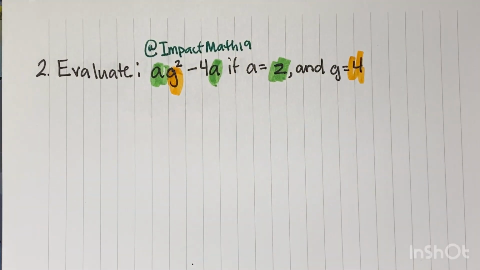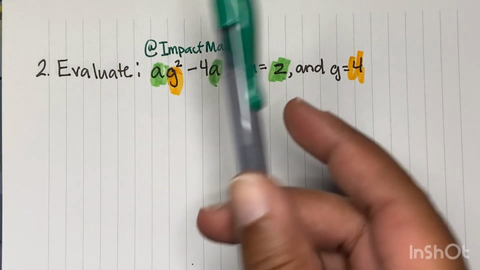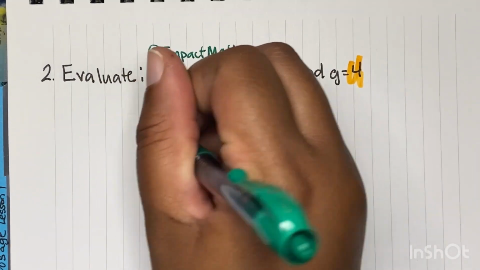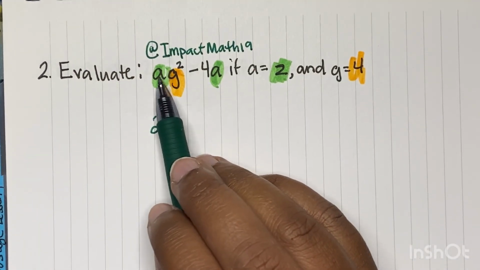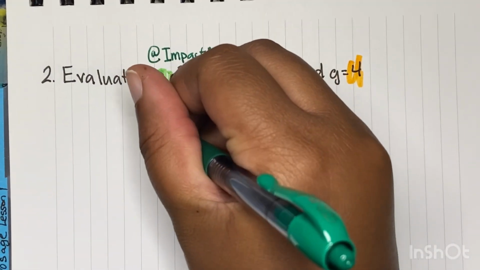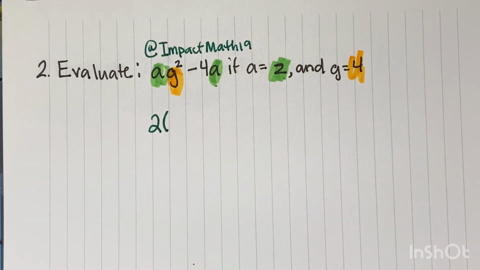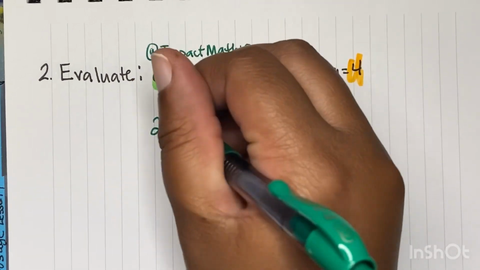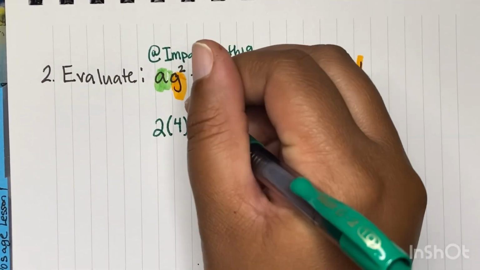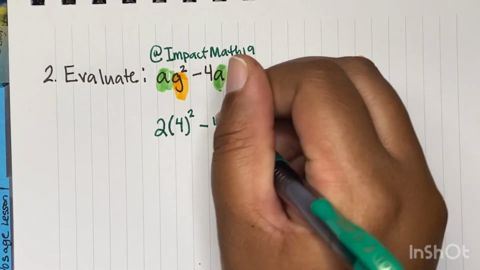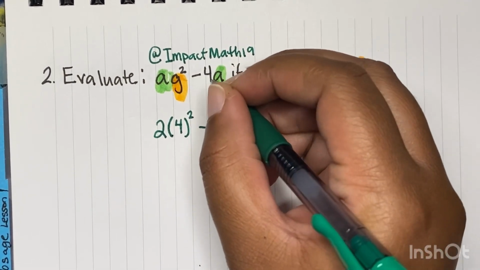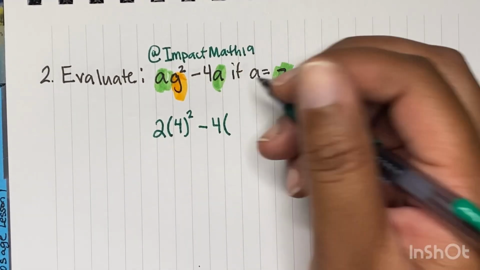So now we're going to plug in. 2. Remember, these are multiplied together because they're touching, so I have to show times. And I'm going to plug in 4 here for g. 4, don't forget your exponent squared. Minus 4 times, because whenever you have a number attached to a variable, they're multiplied, 2.